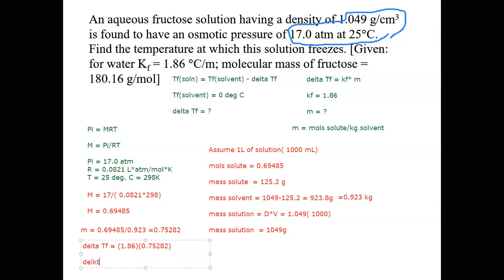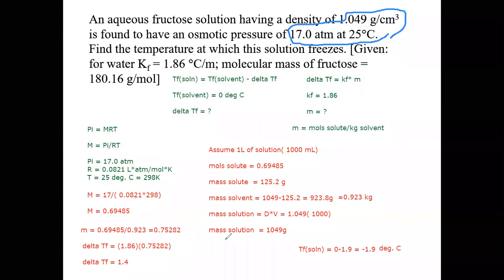We get 1.4. That's delta TF. Now we have to find the freezing point of solution. So TF of solution equals 0 minus 1.9. This would be negative 1.9. So that would be the freezing point of this solution. And this is in, again, degrees C.